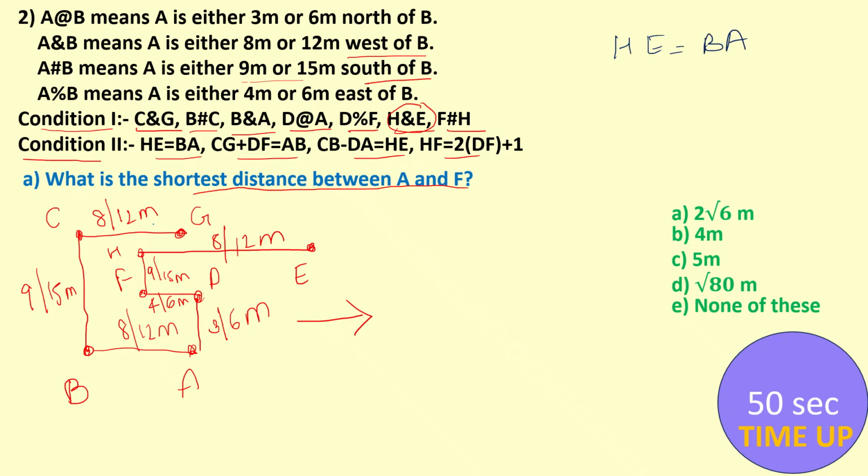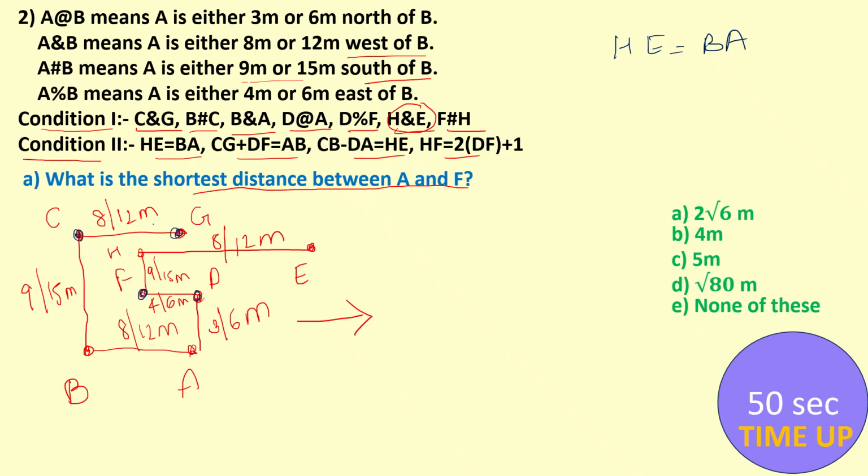Any one you find out, both will be equal. Next, CG plus DF is equal to AB. CG is here, plus your DF is here. That will be equal to AB, they are saying. That is also not confirmed.